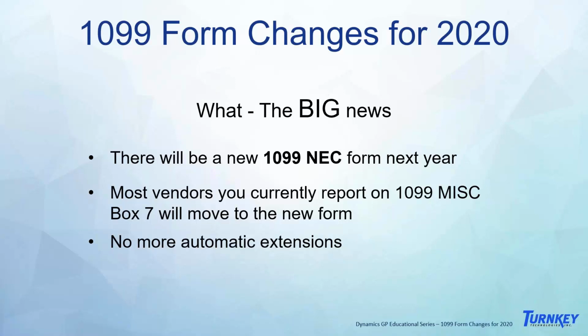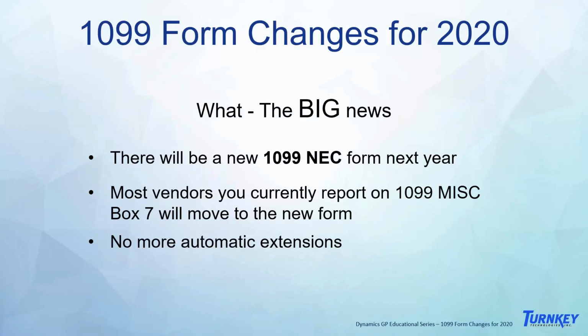The other big change I noticed as I was going through some of the details is there's no more automatic extensions. In the past, and I don't know if this is true this year or not, they maybe eliminated it this year, or maybe it was still in place this year, but in the past, if you got to January 28th and said, you know what, I'm not going to make it by the 31st, I just can't get it done, you could file, I think it's a Form 8809, for an automatic extension. You send the 8809 into the IRS and you automatically got an extra 30 days. So that was an easy button, right?